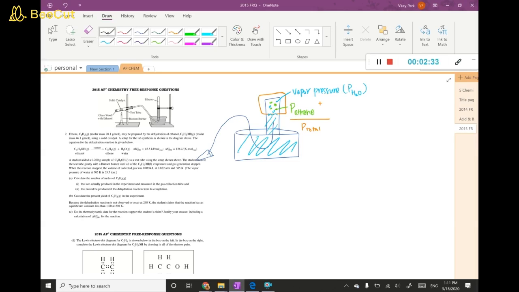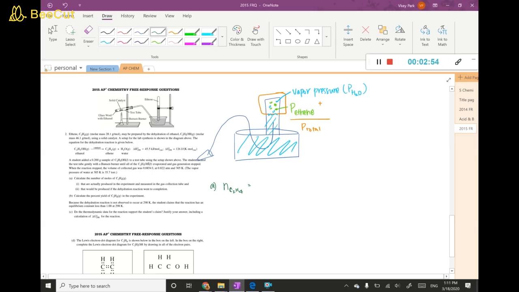Alright, so first thing first, they want us to calculate the number of moles of ethene, C2H4. They give you a bunch of pressure and all this information.